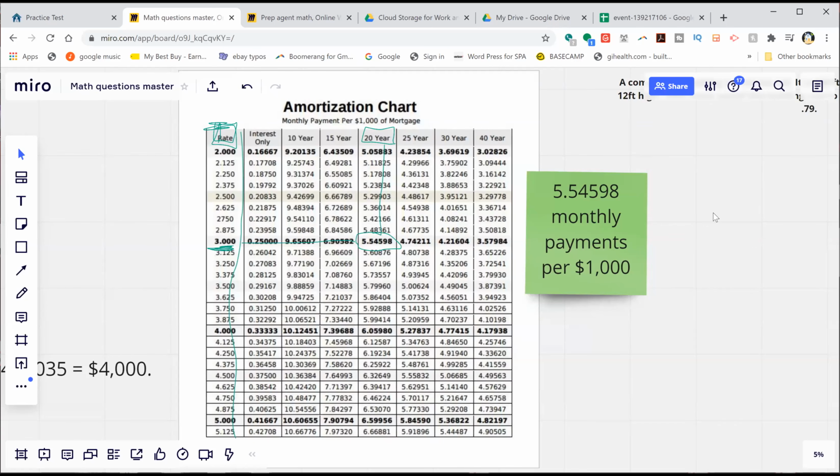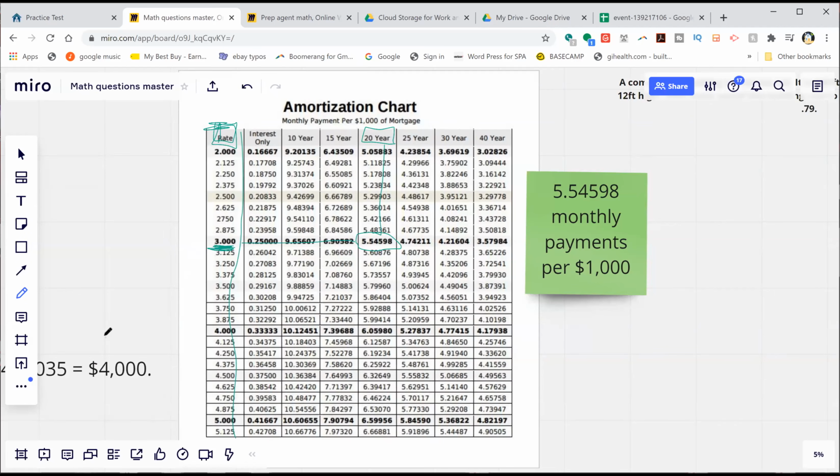The monthly payments. Now, let me ask you this. Beverly said it's interest and principal. Yeah, that is interest and principal. Why is it interest and principal? Because they're already taking the rate into consideration. The interest rate and principal for $1,000 of a mortgage.